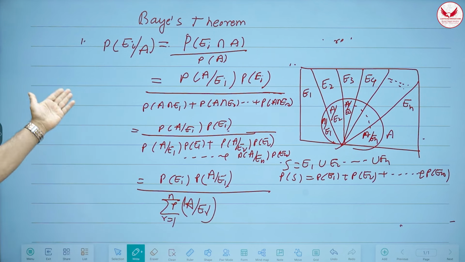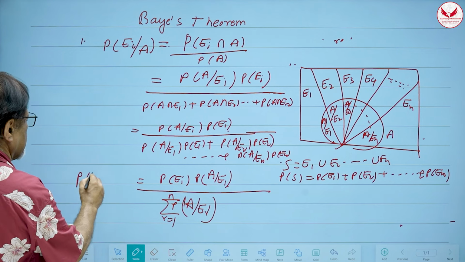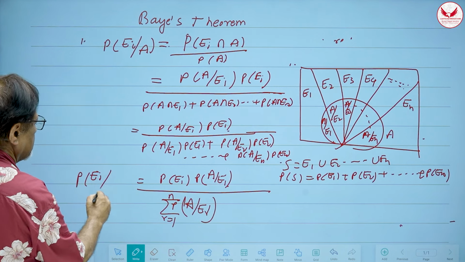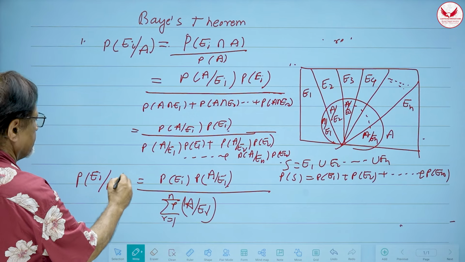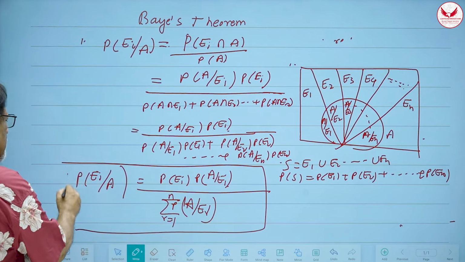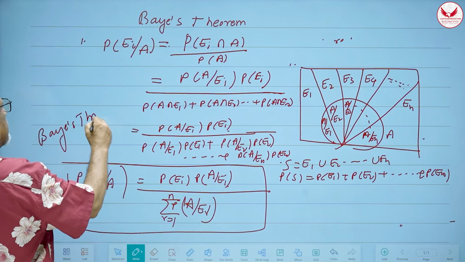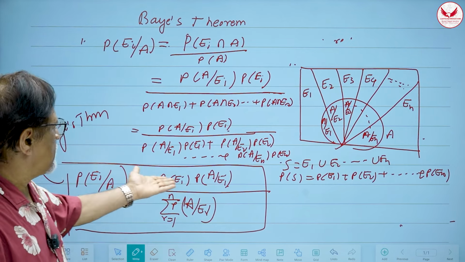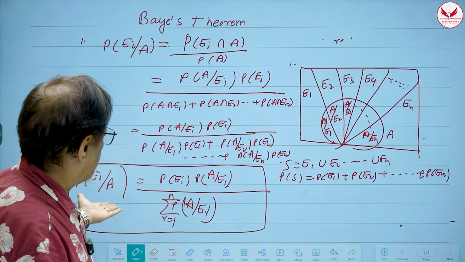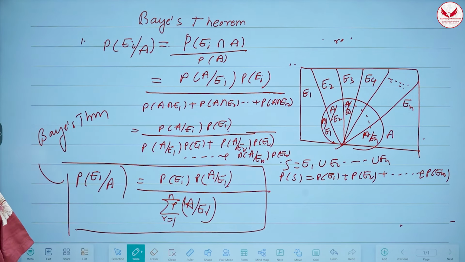So this statement which I have written here is called the most famous Bayes theorem. But instead of remembering this, if you remember the procedure with which we have calculated Bayes theorem, the same procedure applies to many problems.